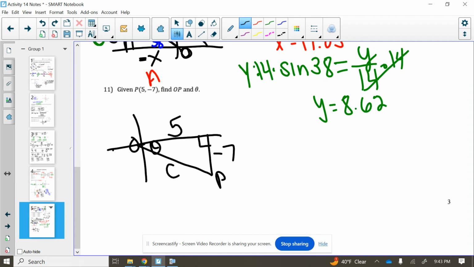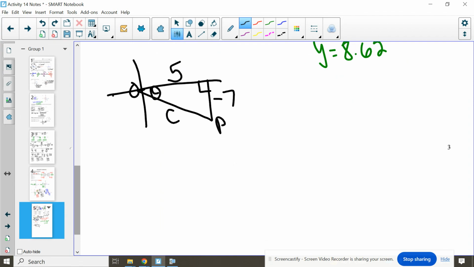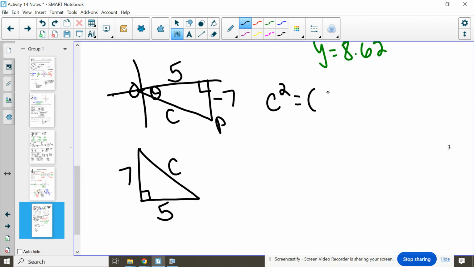So when we are thinking about this, a lot of this is going back to our geometry days, thinking about our right triangle trick, right? In this case, we have the side lengths of 5 and 7. We are looking for that hypotenuse value. So c squared equals a squared plus b squared.